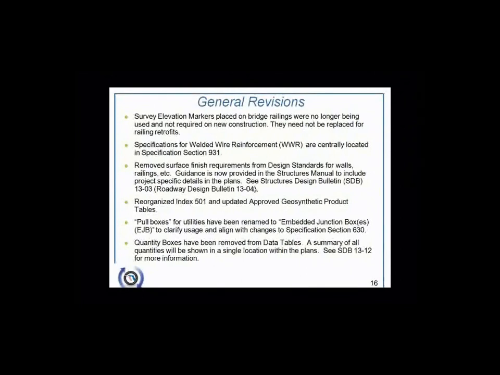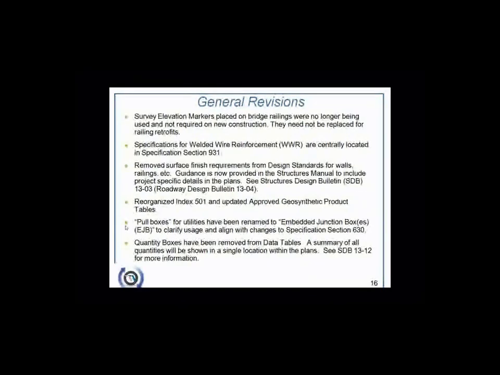Also, Structures Design Bulletin 13-03 gives guidance on how to include the surface finish requirements for walls and railings, etc. So please check out that bulletin. We have removed the finish requirements that were stated in the multiple design standards, and we left it open for the process that the Structures Manual now dictates.